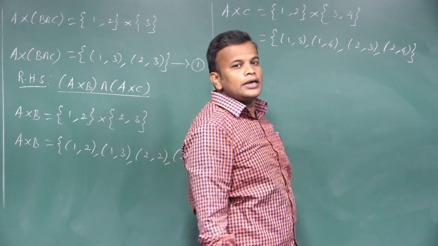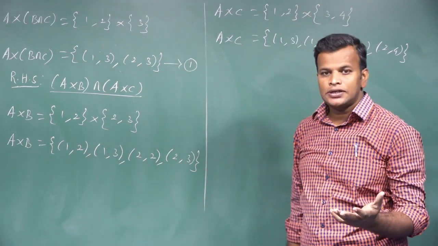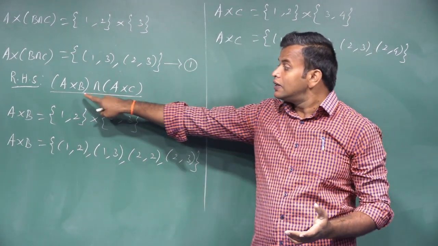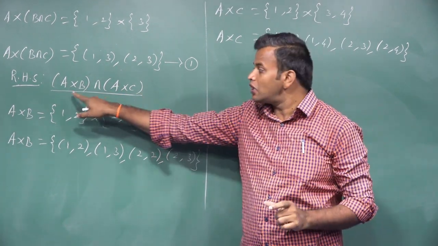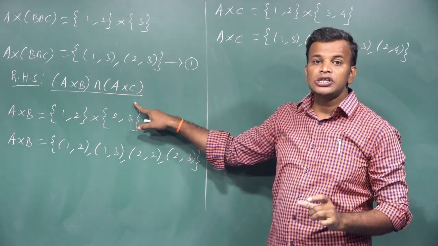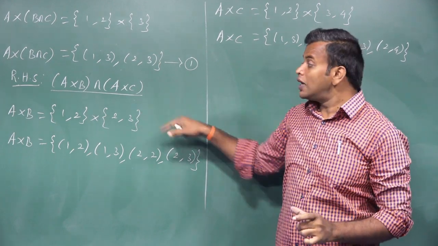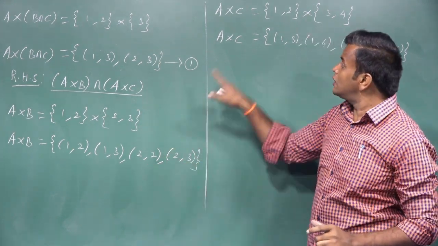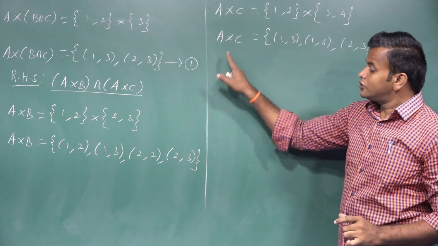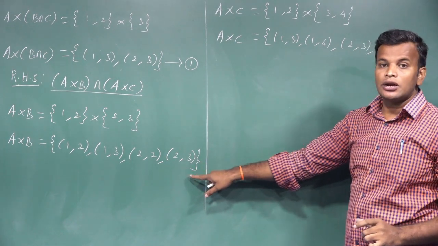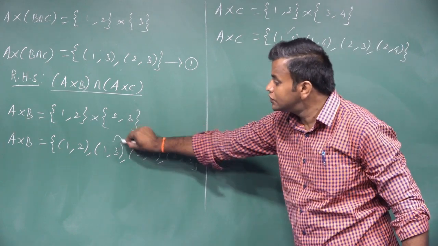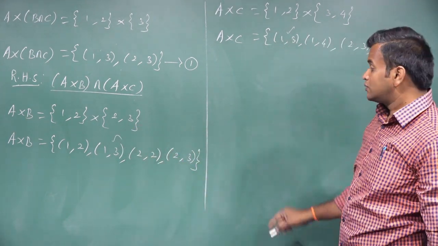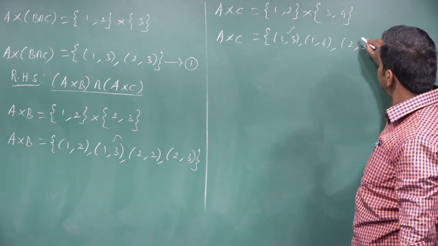So now we have found A cross B and A cross C. But what is the RHS? (A cross B) intersection (A cross C). So we need the intersection of these two sets. Intersection means common. So what elements are common in A cross B and A cross C? You check. (1, 3) lies in both the sets. Next (2, 3).